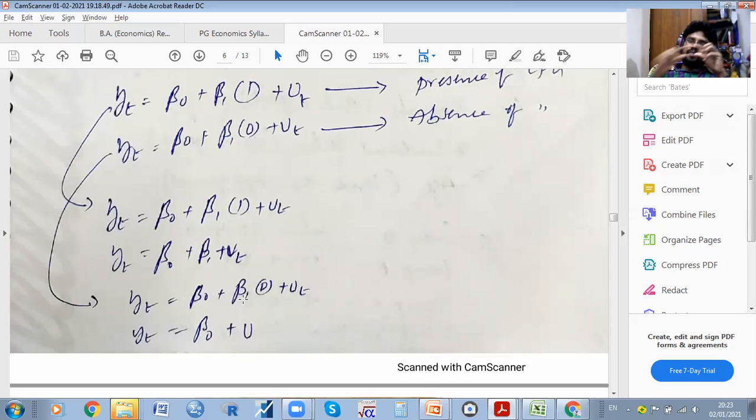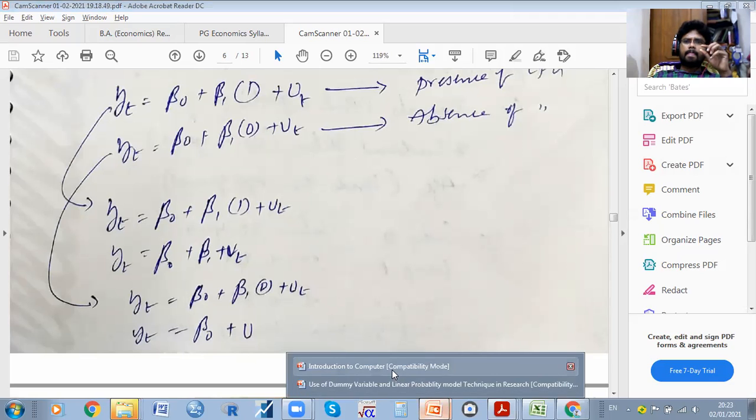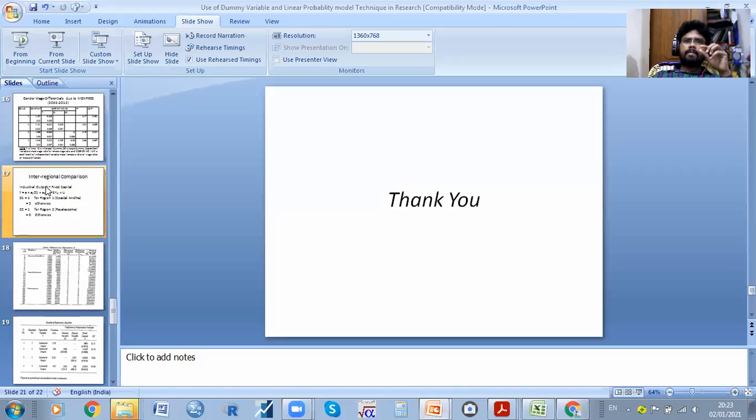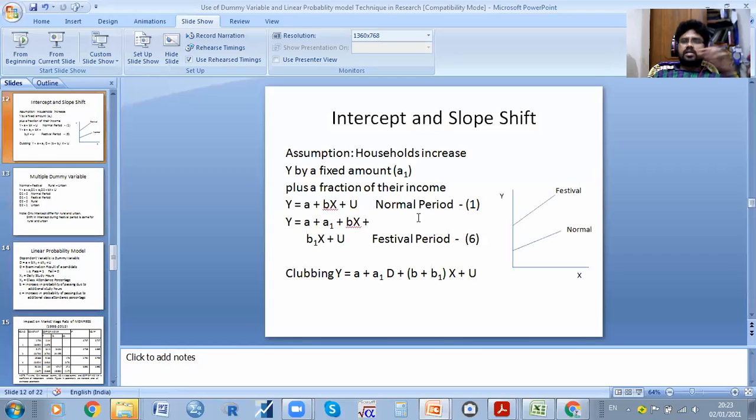If you observe here, this is the normal period, and the intercept value is here only. For the festival period, the expenditure will be higher, because beta 1 is added going from the normal period to the festival period.